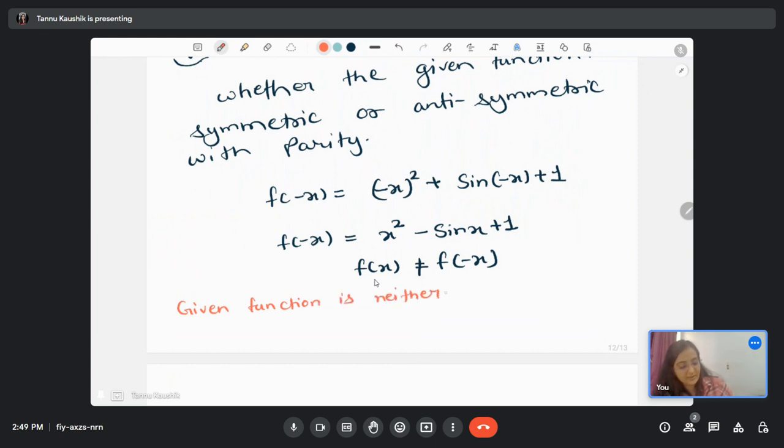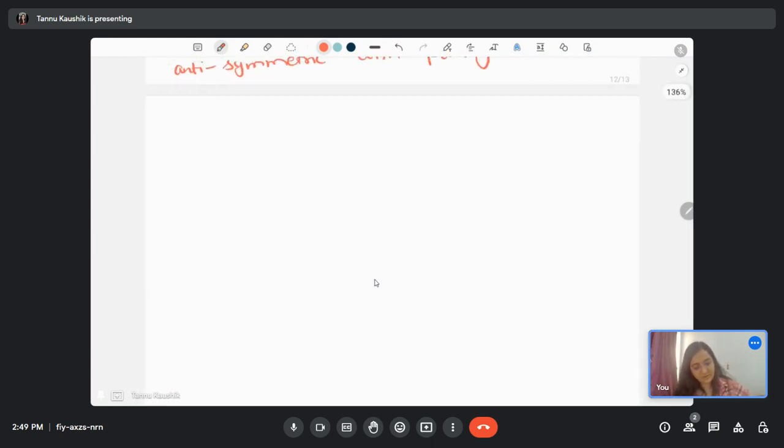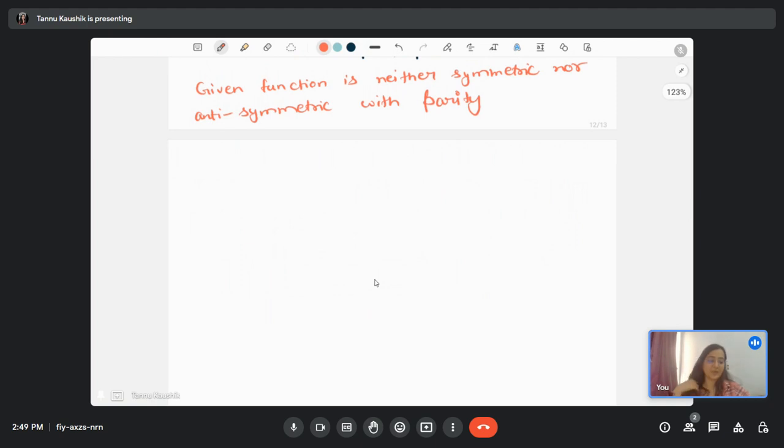The given function is neither symmetric nor antisymmetric with parity.